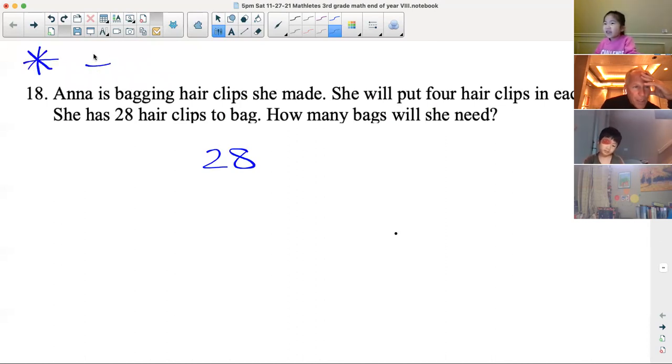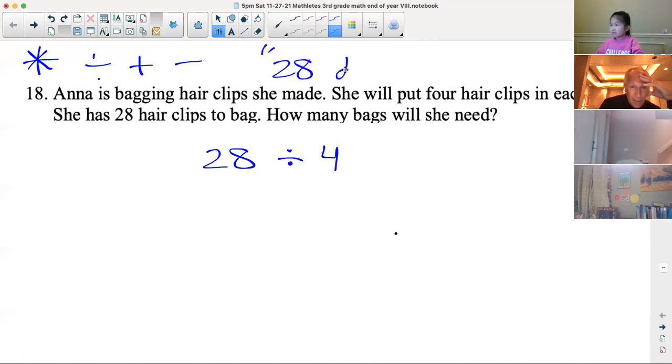Multiplication. 28 divided into 4. Oh, so we say 28 divided by 4. And Jason, can you tell me what that is? That beautiful equation that Eleanor came up with? Jason, go for it.